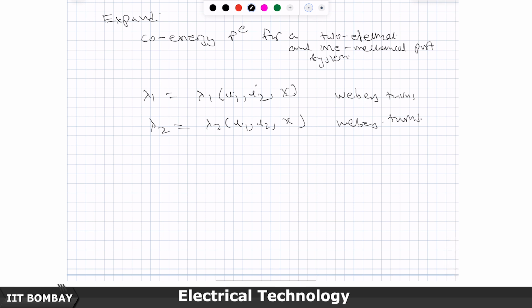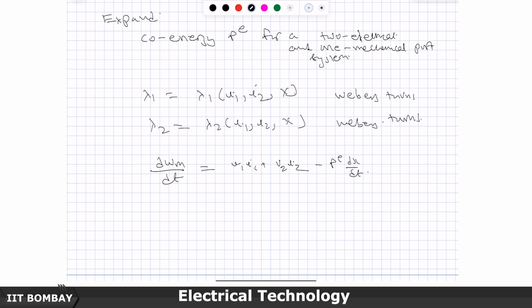And so, if you look at the rate of change of the stored magnetic energy, that is going to be equal to the electrical power which you are pushing into it minus F into the velocity, the power output from the mechanical system.